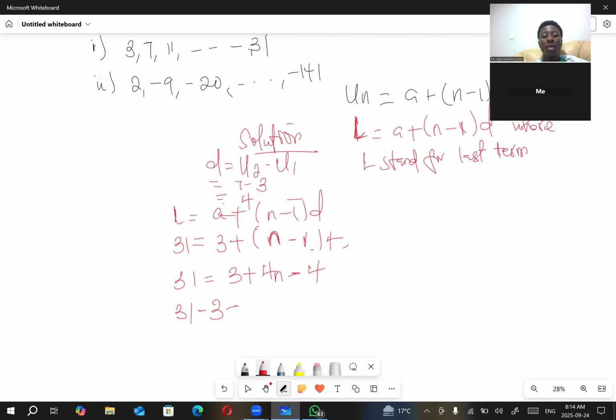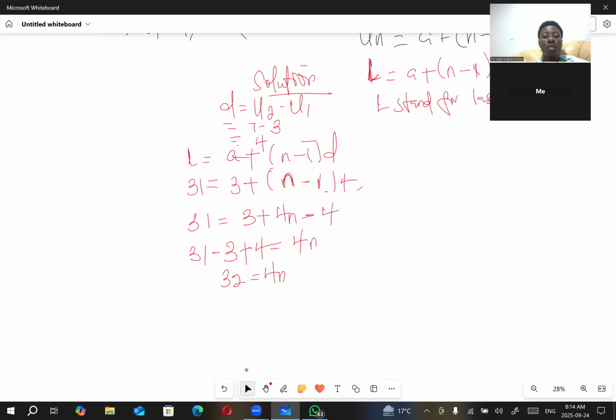You bring the 4, it's negative there, so crossing the equal sign it becomes plus. So it will be equal to 4n. What's the answer? 31 minus 3 is 28, plus 4 is 32. Am I correct? Yes. So it will be equal to 4n. Then you're looking for n, so 32 equals 4n.